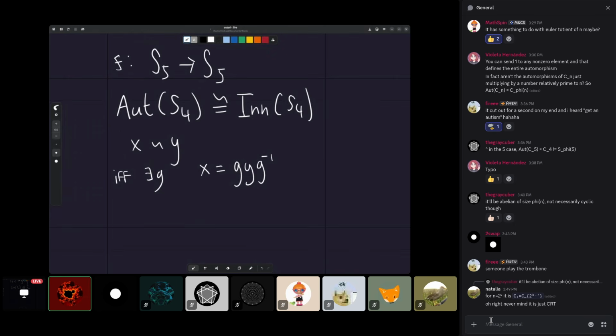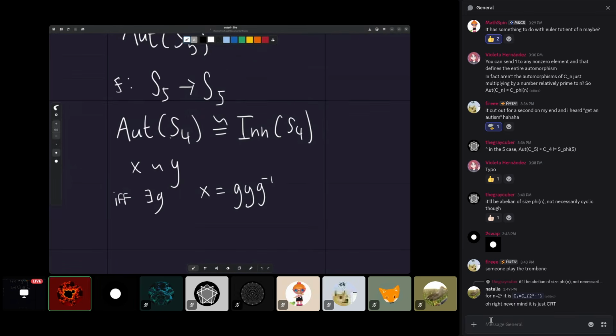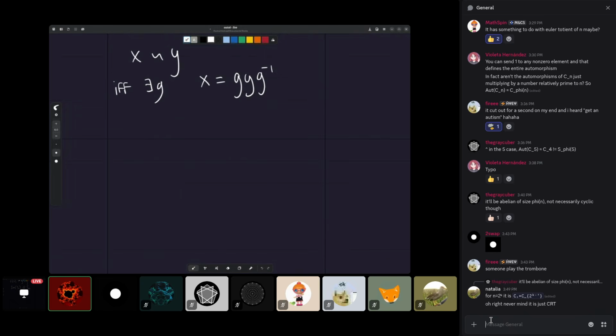So that's x is conjugate to y, and this is an equivalence relation. So it partitions your group into conjugacy classes, and automorphisms have to preserve conjugacy classes because they're defined in terms of the group structure, and automorphisms preserve the group structure. So let's look at what the conjugacy classes in S4 are, and that will give us some hints about what automorphisms can possibly be, and eventually let's rule them all out other than the inner ones.